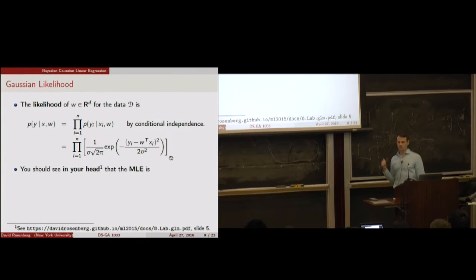So how would we find the maximum likelihood estimate of W in this scenario? What have we written down? We've written down the likelihood of our data. The maximum likelihood estimate would be, let's maximize this expression over what parameter? W. We'll find the W that maximizes it.